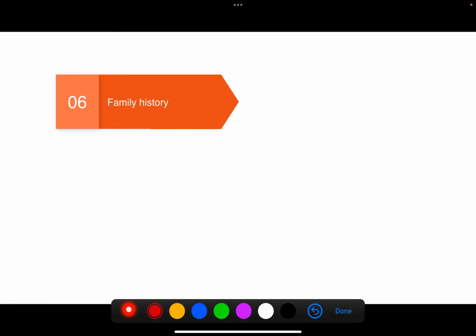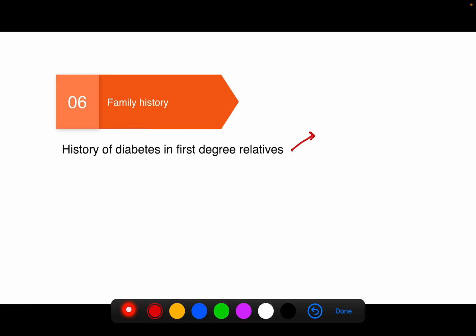Then family history. First is the history of diabetes in first degree relatives. This helps you. There is one video called maturity onset diabetes of the young, the classification of diabetes, in which I have told that in MODY, family history is always present.